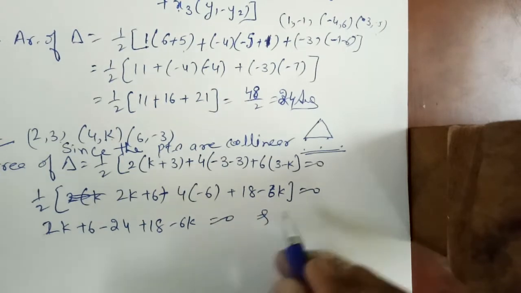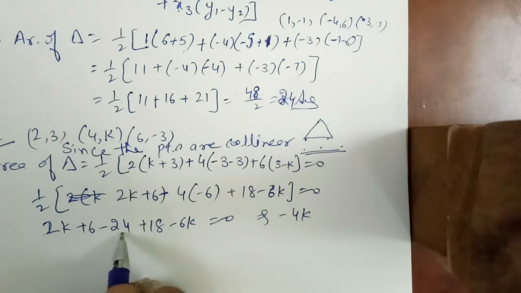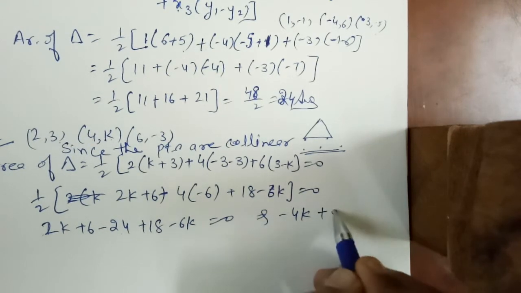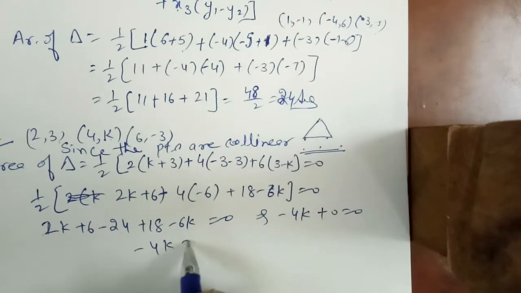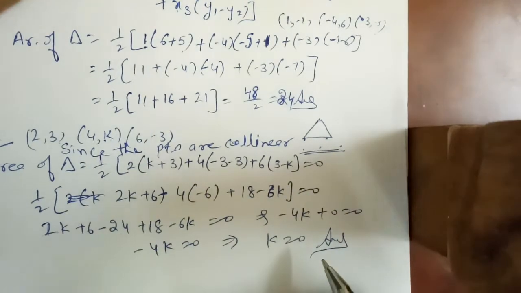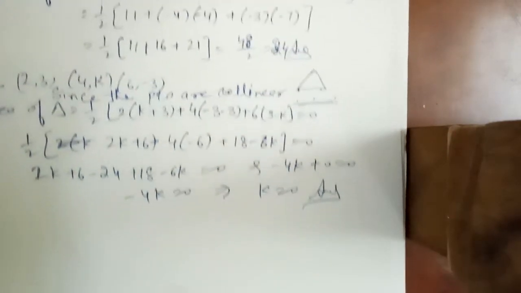That means 2k minus 6k is minus 4k. 6 minus 24 is minus 18, minus 18 plus 18 is 0. Plus 0 equal to 0. Minus 4k equal to 0 and k is equal to 0. So the value of k is equal to 0, answer.